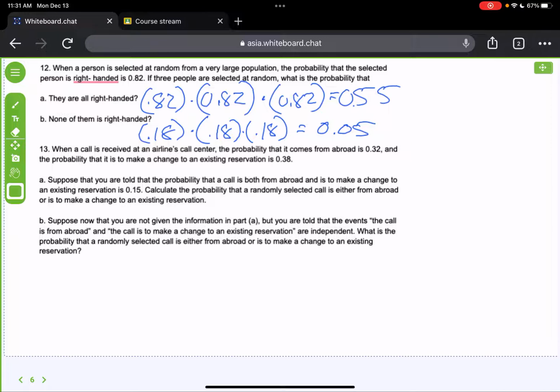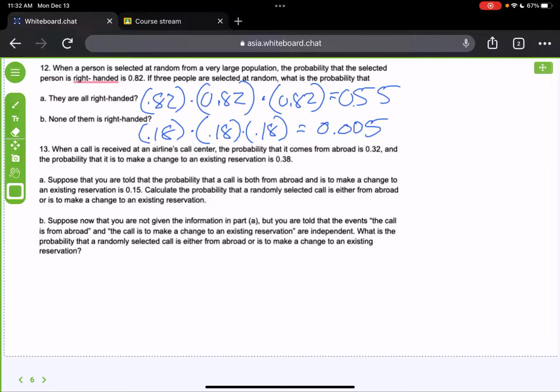Now let's see, that may not be right. It's 0.18 times 0.18 times 0.18, I've got to go one more. And that would be about 0.5%, so 0.05.